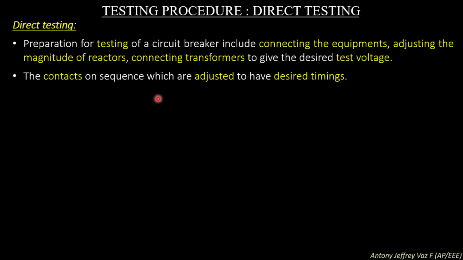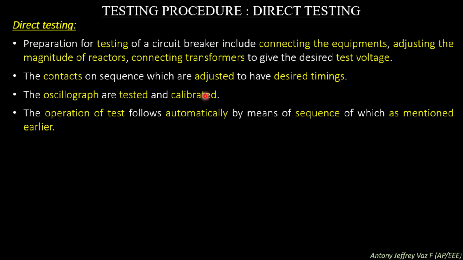The contacts of the sequence switch are adjusted to have the desired timing. So, the make switch is calibrated to have the correct desired timing as per the test. The oscillographs are tested and calibrated. So, before performing the test, the oscillograph which is present in the testing station is tested and calibrated.